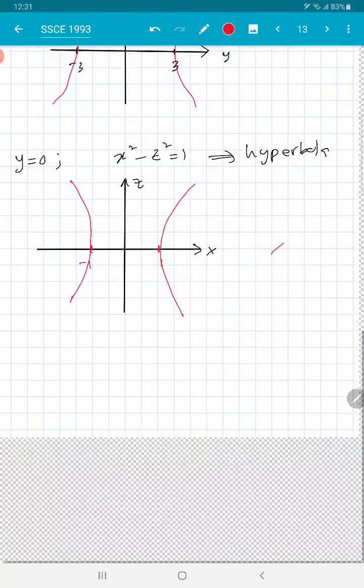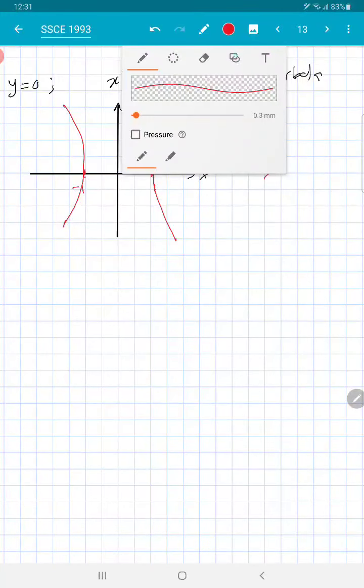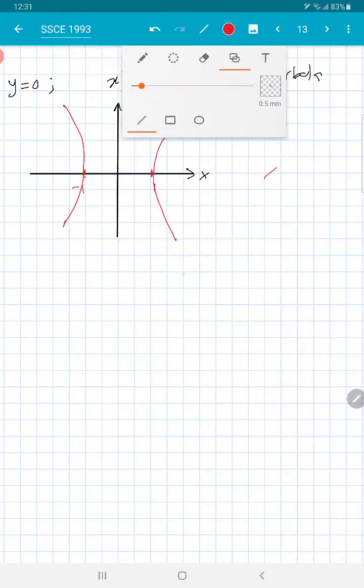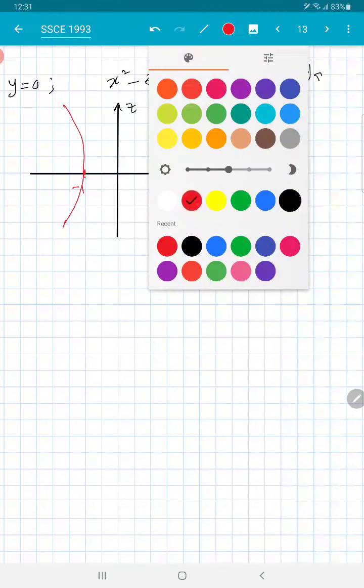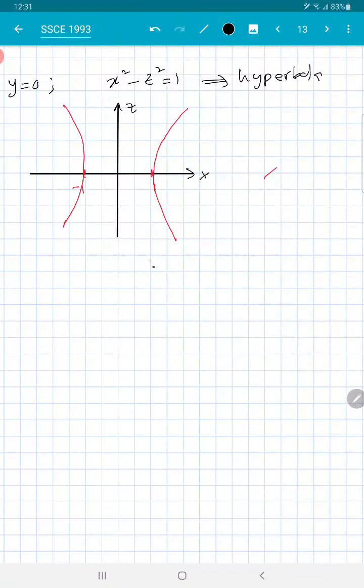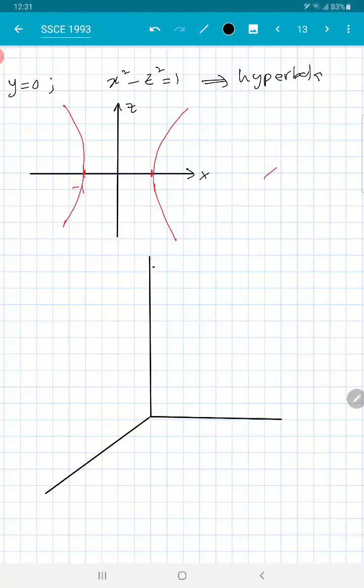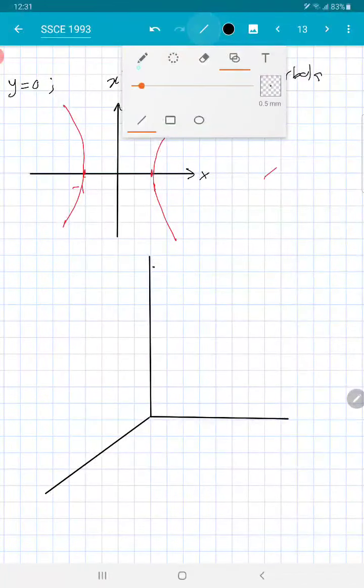All right, so we're going to put everything together in the xyz space. So here we have the z-axis, x-axis, y-axis.